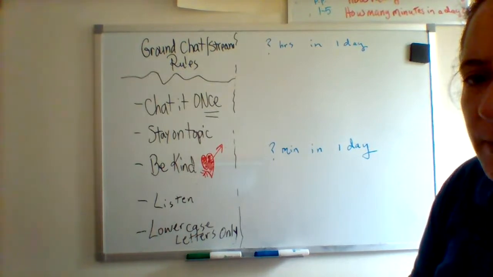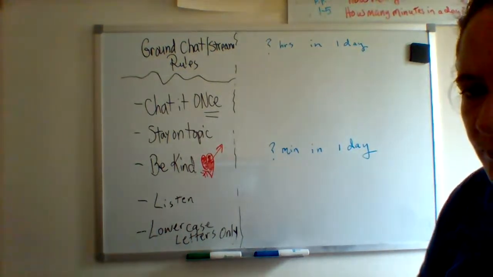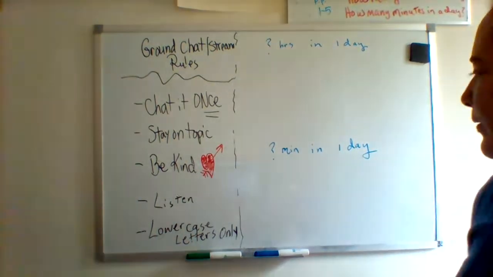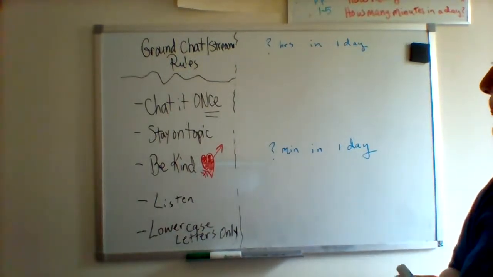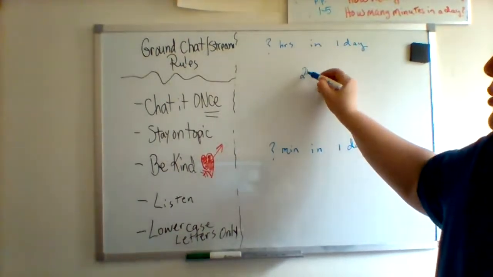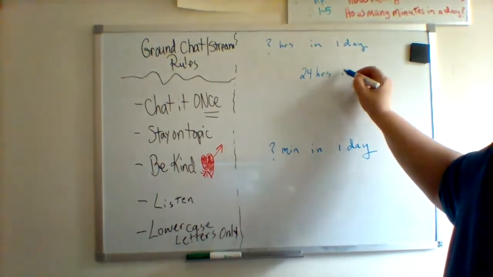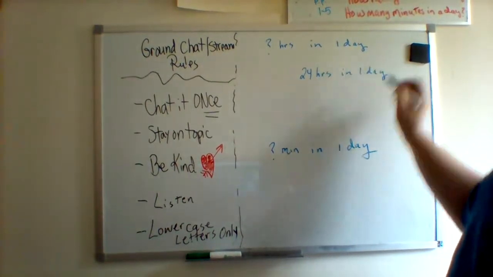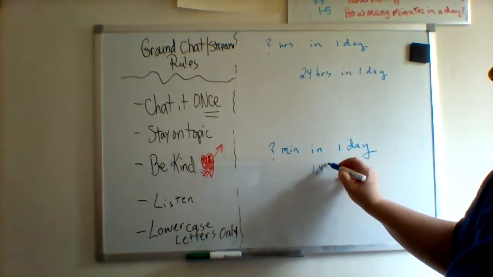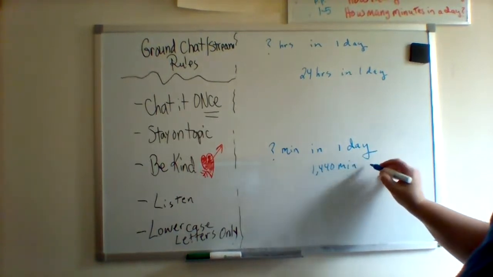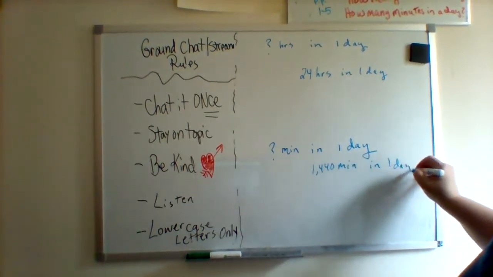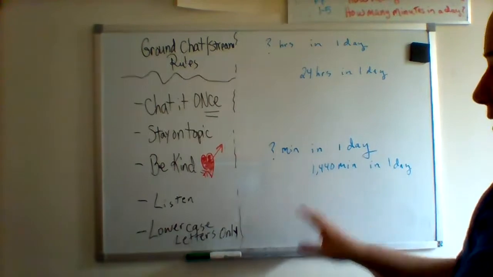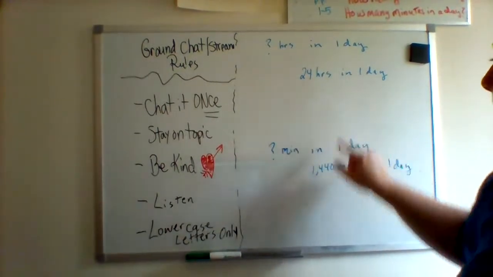Usmeli, did you look up how many hours in a day yet? Oh, okay. No, you guys are in agreement. You're telling me that there's 24 hours in one day, and you're telling me that there's 1,440 minutes in one day. Would you please tell me what your thought process was to figure these out?